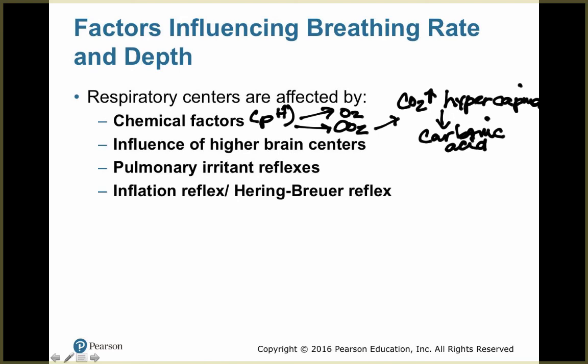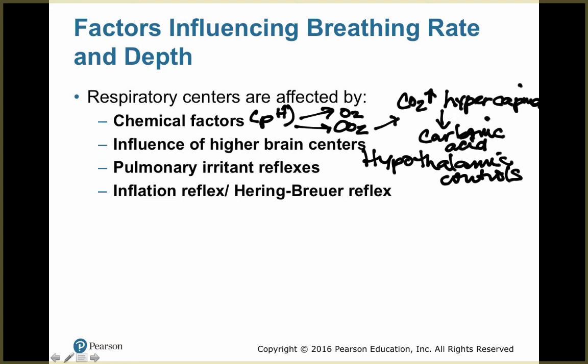The influence of higher brain centers, you do have the hypothalamus. That actually, through the limbic system, can moderate rate and depth of respiration, right? So think, you can essentially have breath holding that occurs in anger or gasping with pain, right?